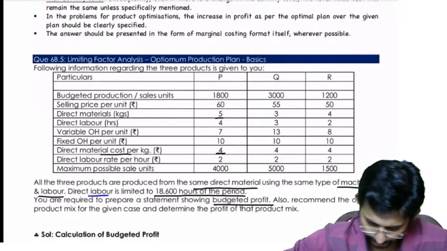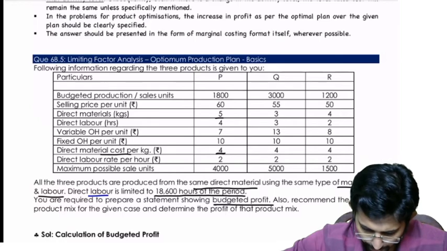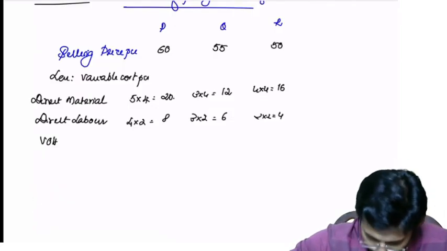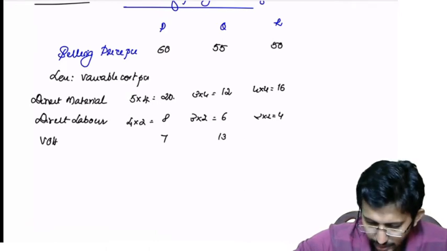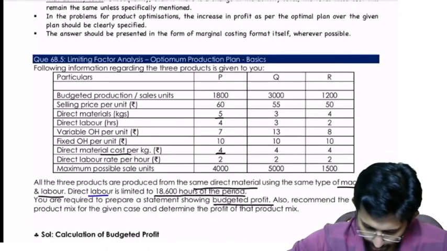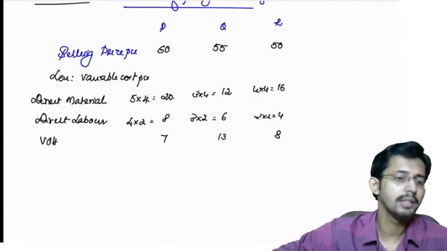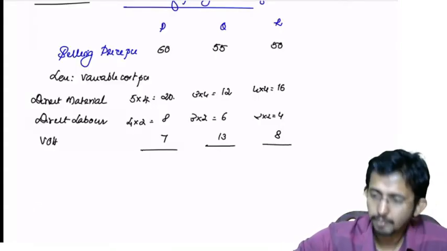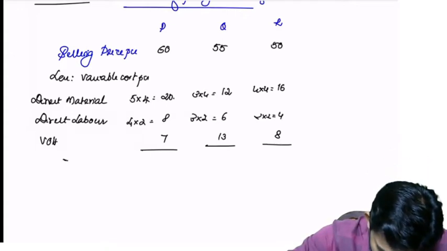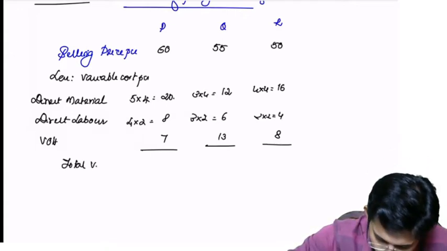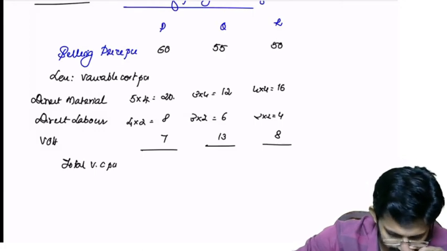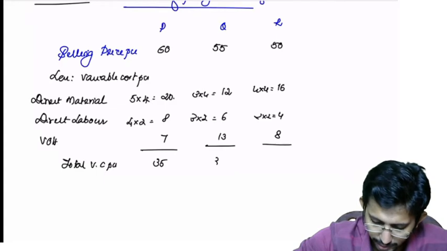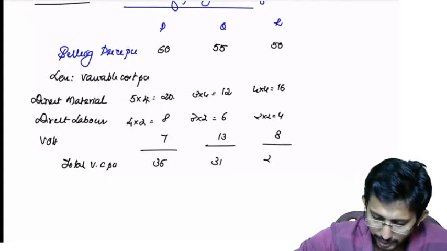Now next is variable overhead per unit. Variable overhead. What is the information you have? Variable overhead per unit is given directly. 7, 13, and 8. Next is what? Fixed overhead. You can ignore it here because that's not a variable cost. So total variable cost per unit is 28 plus 7, 35, then 18 plus 13, 31, then 20 plus 8, 28.